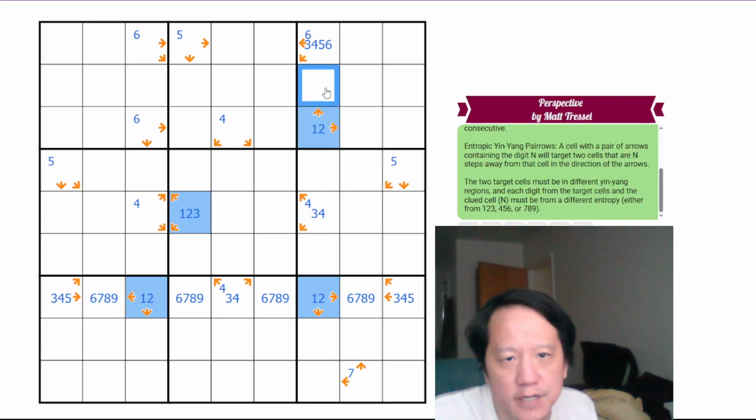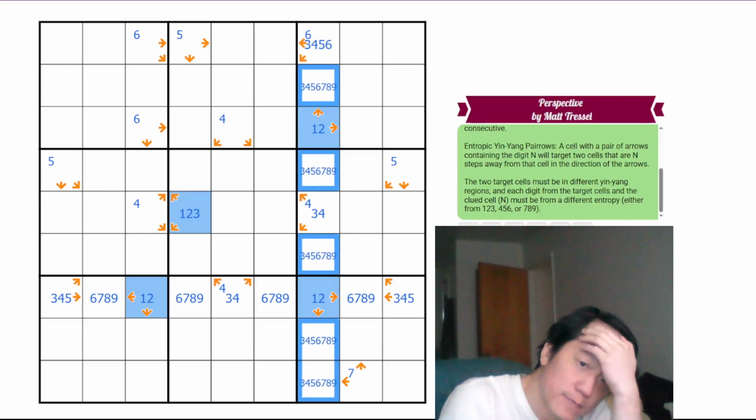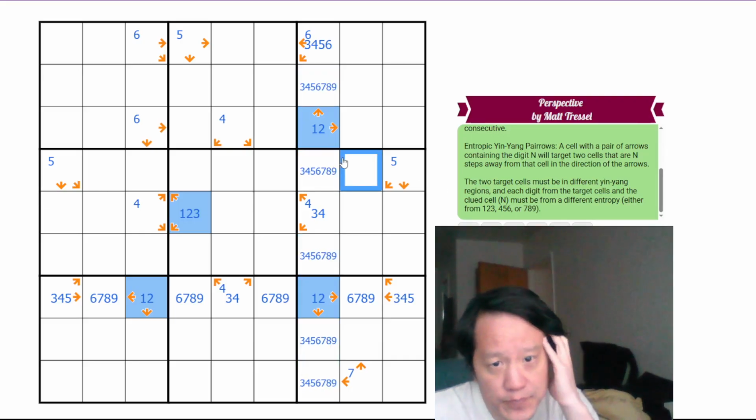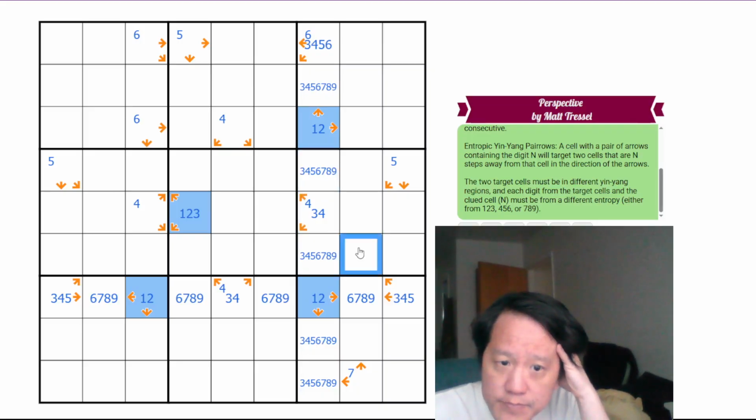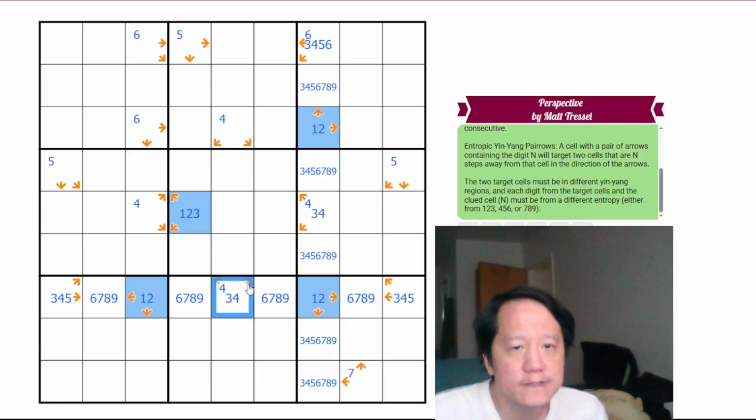Remaining digits in column 7 have to be 3 through 9. Okay. Seven away, 6. So it's 3 or 4.